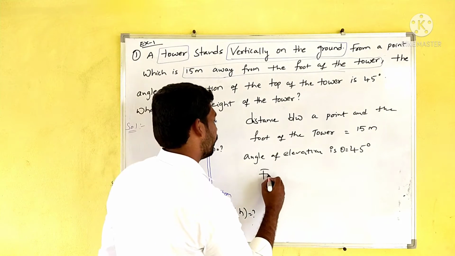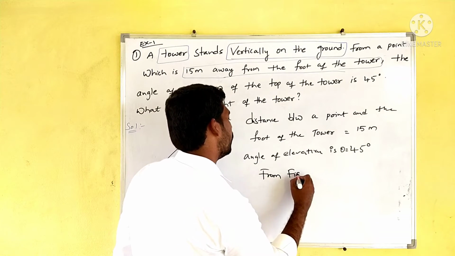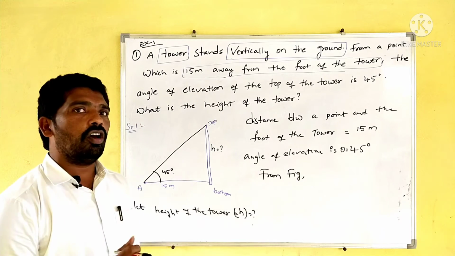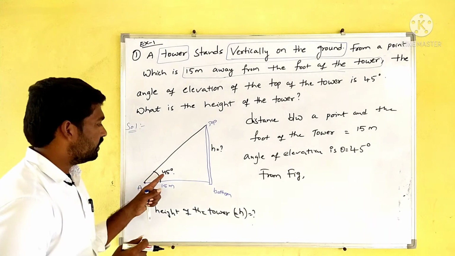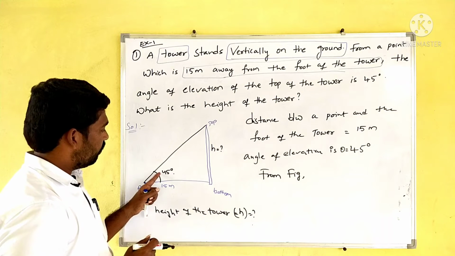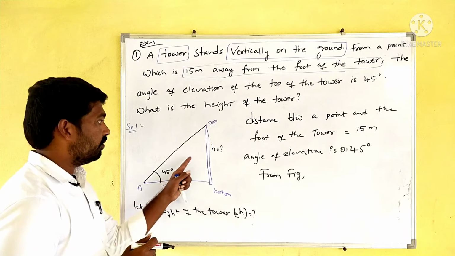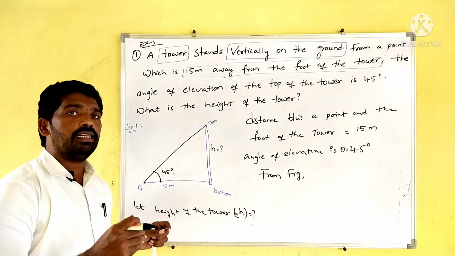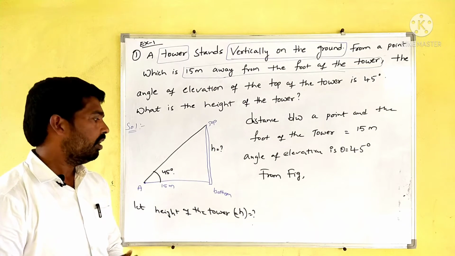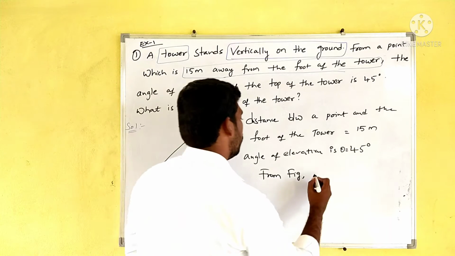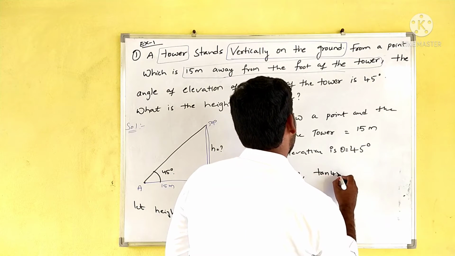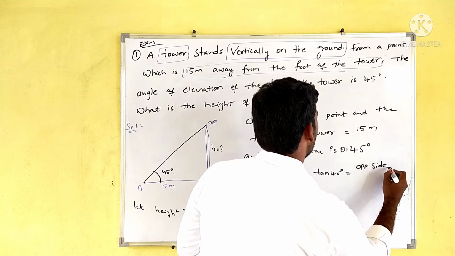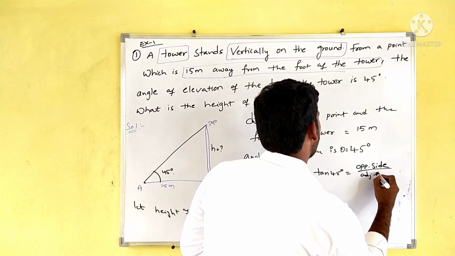From the figure, choose the appropriate trigonometric ratio. Considering theta, we know the adjacent side and want to find the opposite side. The relation between opposite and adjacent side is the tan ratio. Tan 45 degrees equals opposite side over adjacent side.